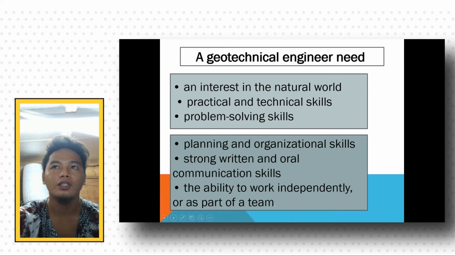A geotechnical engineer needs an interest in the natural world, practical and technical skills, to be a problem solver, planning and organizational skills, strong written and oral communication skills, and the ability to work independently or as part of a team.